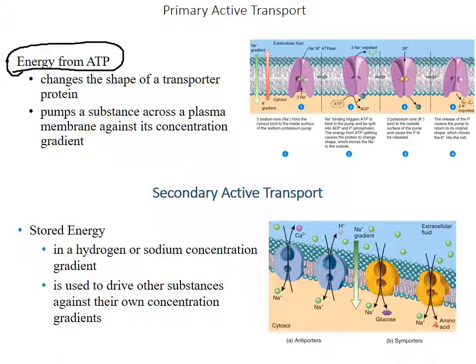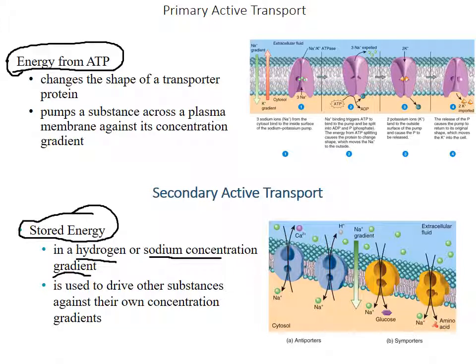So in primary active transport, I get my energy directly from ATP. In secondary active transport, I get my energy from a stored energy that comes from either a hydrogen or a sodium concentration gradient that we use to drive another substance, to create something else.